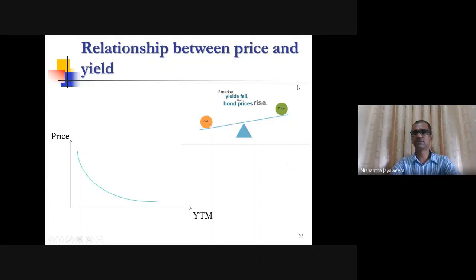So remember, yield and price are like a seesaw. When one side goes down, the other side goes up.